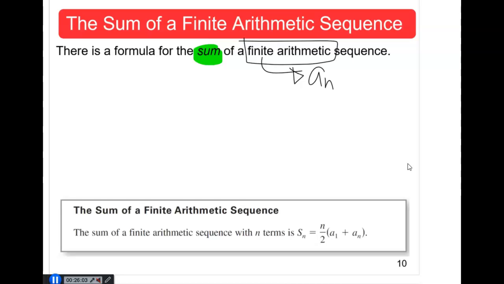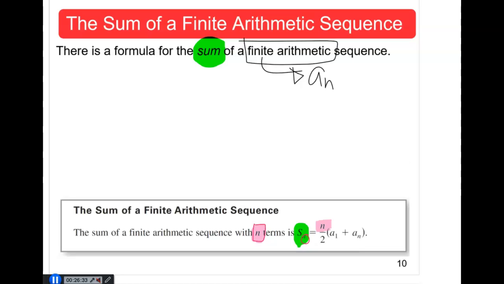So in this formula, we have it here. And we have S to denote sum, addition. And we use the subscript n to denote how many terms are being added. And so that n becomes very important within the formula, because we're going to use it here for the number of terms.